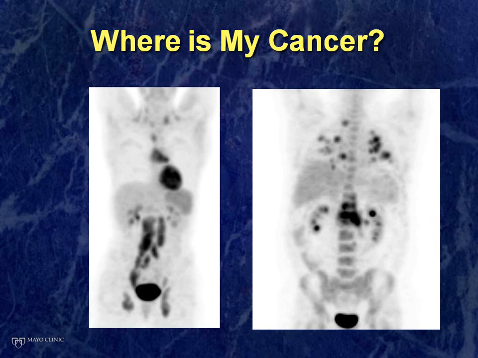Another question that we often want to know is, okay, I have cancer, where is it? We as doctors want to know everywhere it is. We often use a word called staging. We want to know how big, how advanced, is it in the bones, is it in the lymph nodes, where is this?